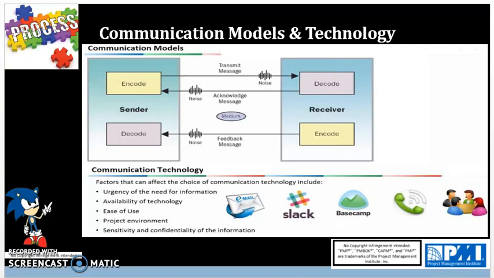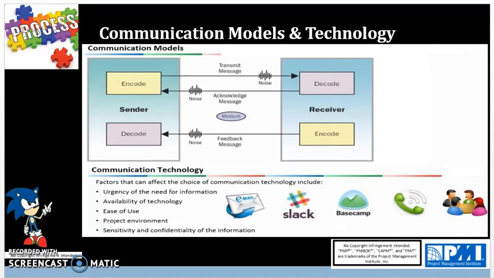Otherwise they go back and forth until the message has been understood. The sender will encode the message in the language of the receiver, who receives it and decodes the message, and hopefully they understand it. Otherwise they'll go back to the sender and ask for clarification. That's why you have a constant feedback loop. As you can see, it goes back and forth.